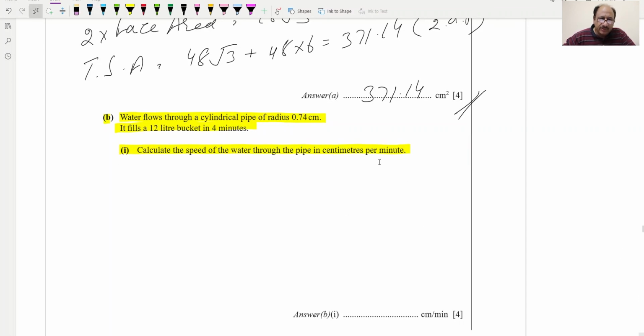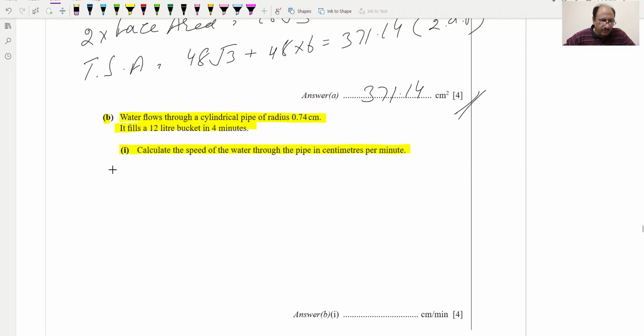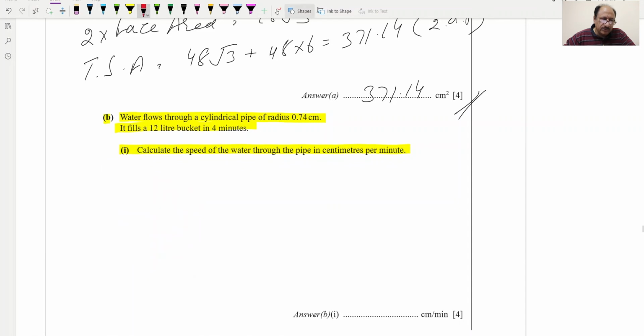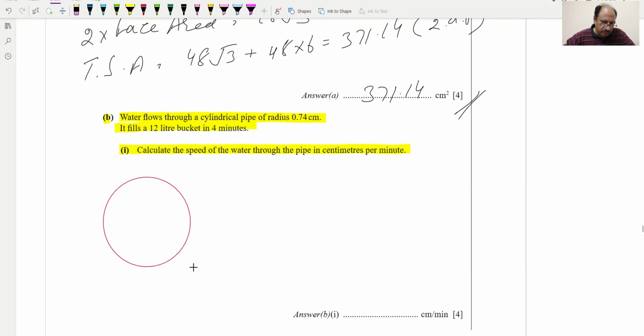It is a cylindrical shape, so we can figure it out like this one. We can draw the circle. So the circle will be like this one. Say this is the circle, and the center is this one, and the radius is 0.74 centimeters.